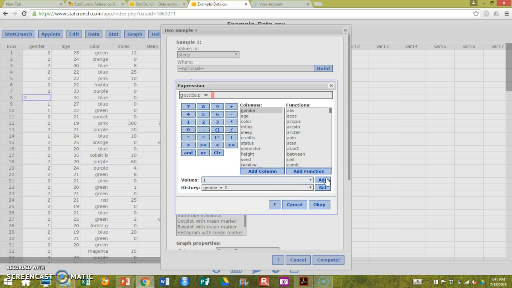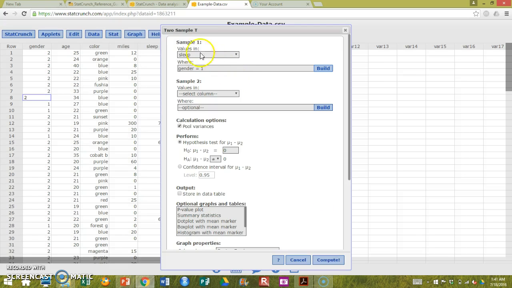Because I want to pick men for the first sample, I'll say gender equal 1, and I click the little add button here to get the 1 value up here. You can also just type it in, and I hit OK. Now this first sample is sleep for men for gender equal 1.